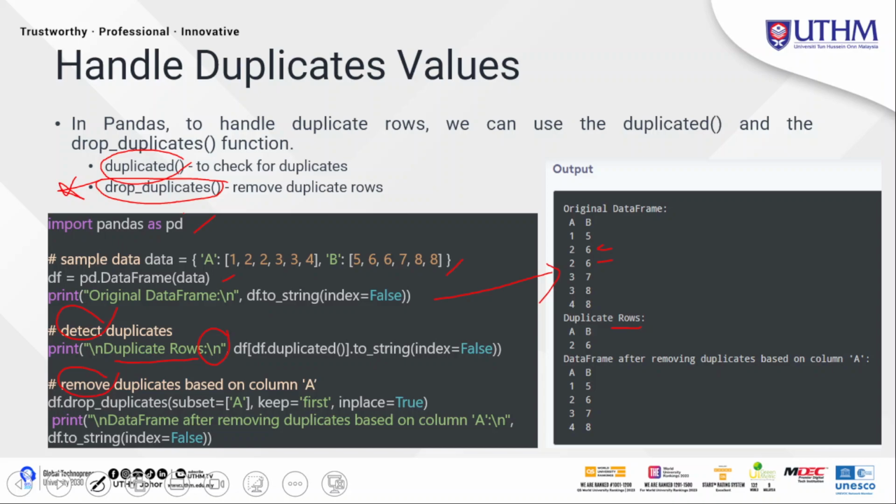Print the data frame after removing duplicates based on A. After removing the duplicates, they have only 1,5, 2,6, 3,7, and 4,8. So one of these is no more there in the list. This is how we remove the duplicate values or elements.